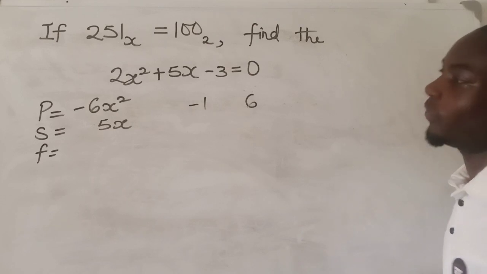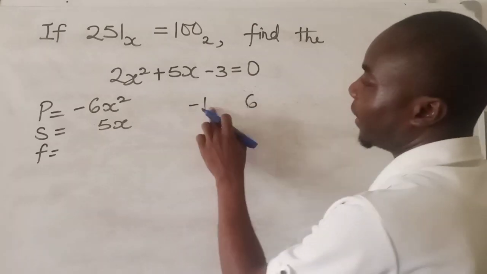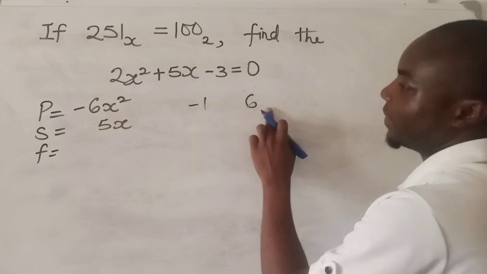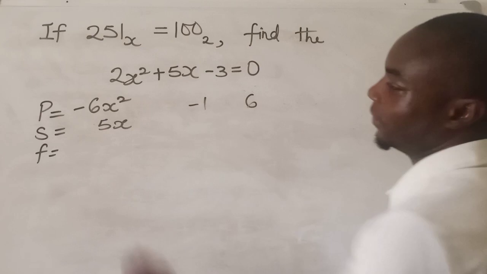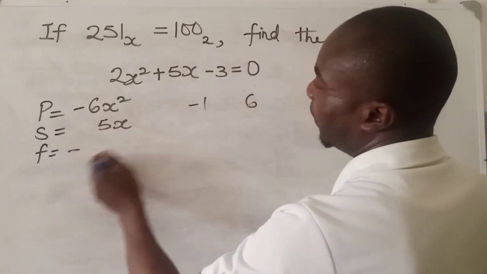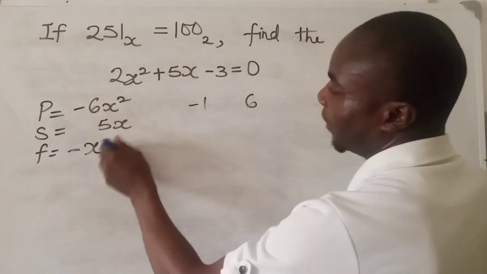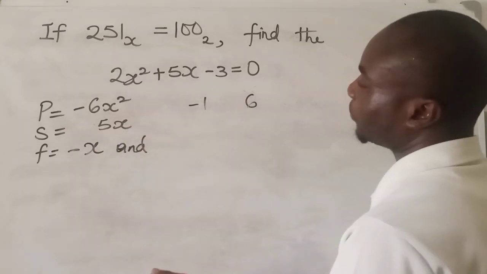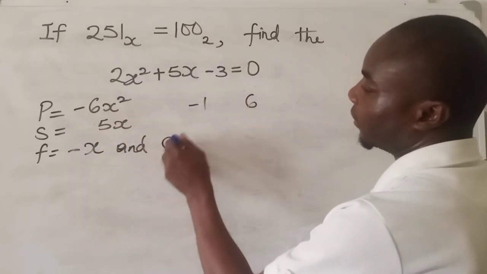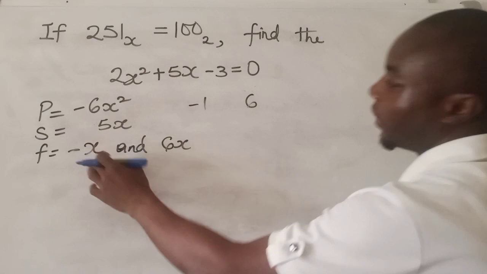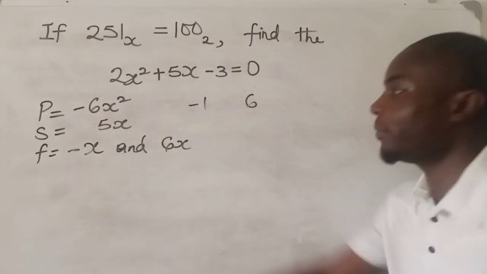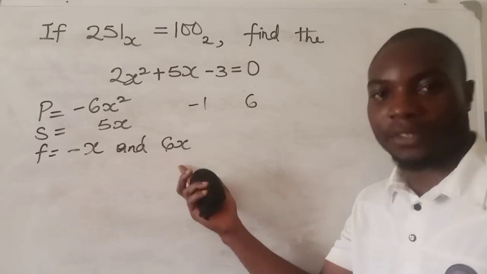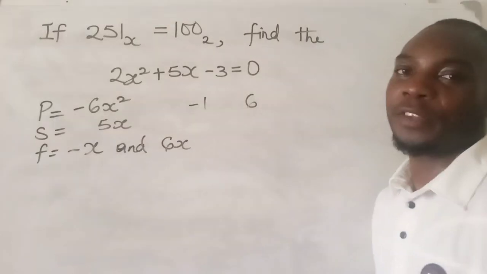Since we have gotten the two numbers, we can add x to them, because our product and sum are carrying x. So we can say our factors are minus x and 6x. Minus x times 6x will give us minus 6x squared, and minus x plus 6x will give us 5x.